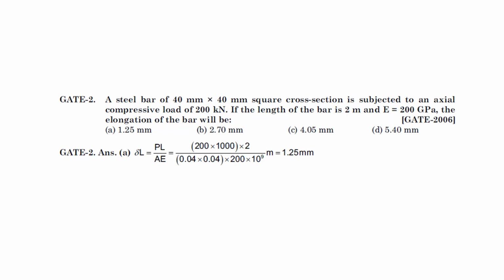Everything is given, you just put the values. Remember, Pascal is Newton per meter square and this is in mm, so you have to convert this into meter, then put. The answer comes in meter, so convert again into mm, so it is 1.25. So the answer will be A.